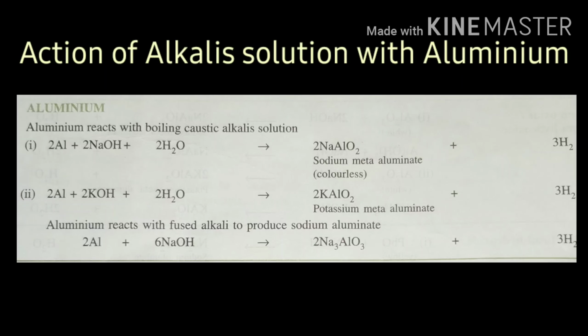So what you find here? When alkali solution reacts with an amphoteric metal, it produces a colorless salt, sodium metaaluminate, plus hydrogen gas. And when fused alkali like sodium hydroxide reacts with aluminium, it produces sodium aluminate plus hydrogen gas.